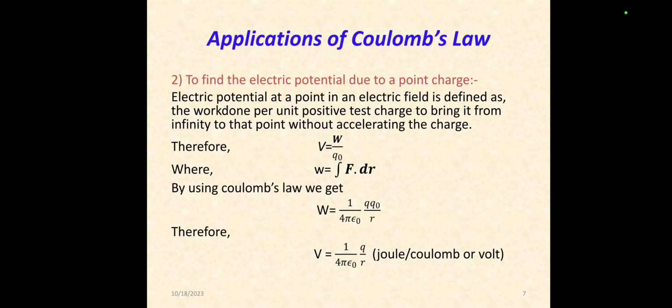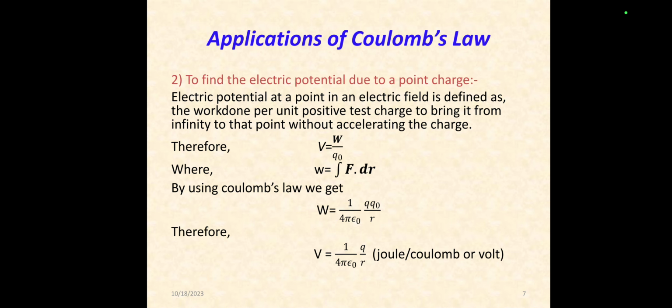Another application of Coulomb's law is to find the electric potential due to a point charge. Electric potential at a point in an electric field is defined as the work done per unit positive test charge to bring it from infinity to that point without accelerating the charge.